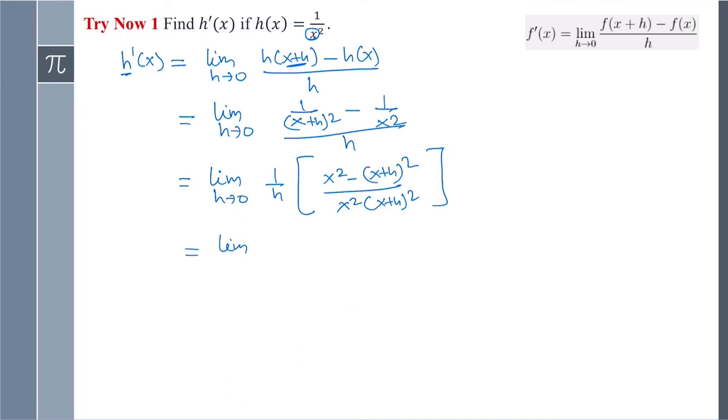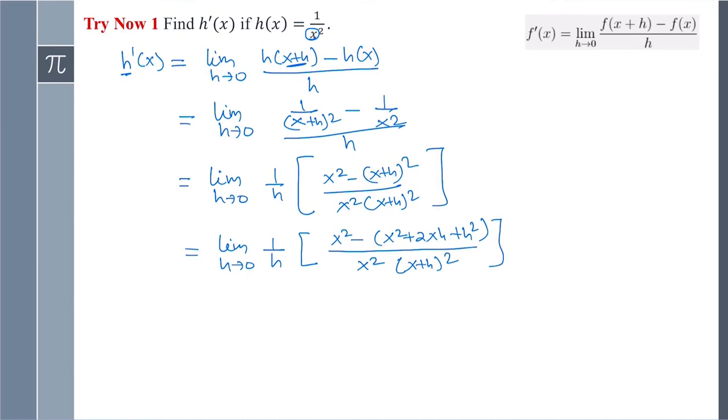So the limit as h approaches 0 of 1 over h. Now this is x squared minus, so if you expand this one, you get x squared plus 2xh plus h squared, divided by x squared times x plus h squared. We don't have to expand the denominator. Let's leave it that way and see what happens at the end.